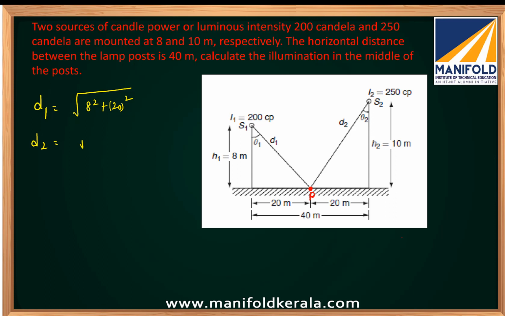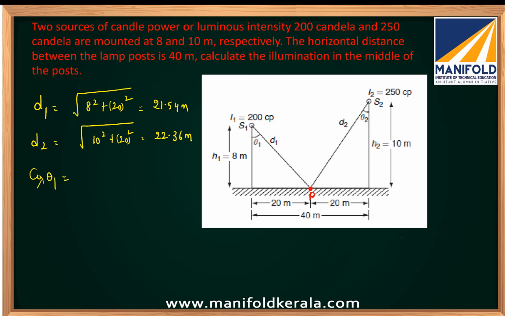D2 is the square root of 10 square plus 20 square. So the D1 value turns out to be 21.54 meter and the D2 value turns out to be 22.36 meter. Understand?